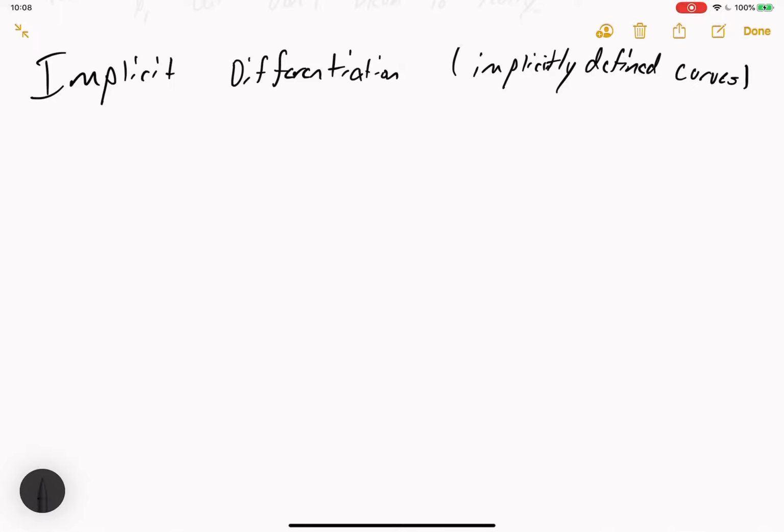But even with respect to the curves, we can still find things such as y prime or dy dx. So just to give a quick idea what we do, we differentiate both sides of an equation with respect to x.